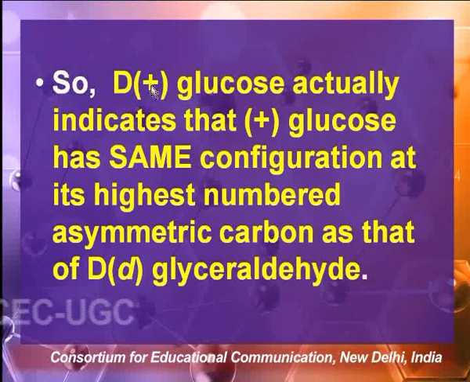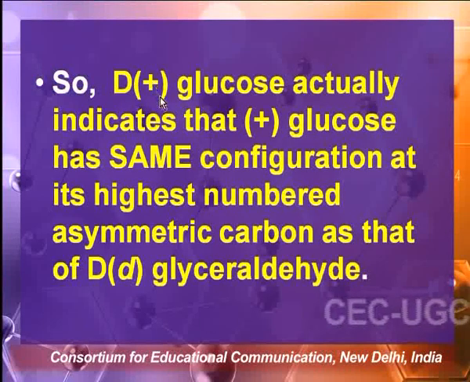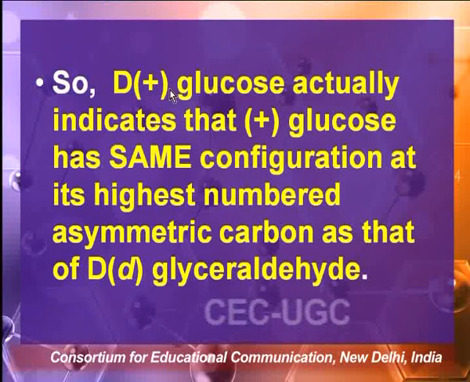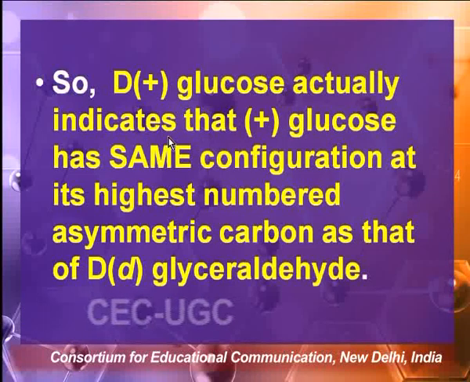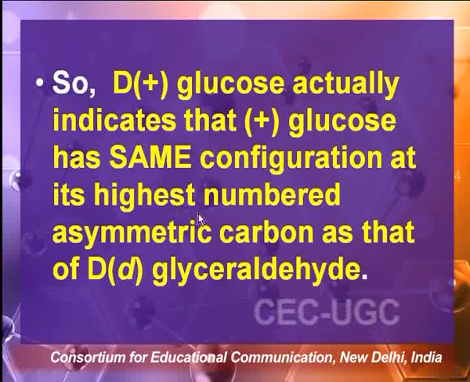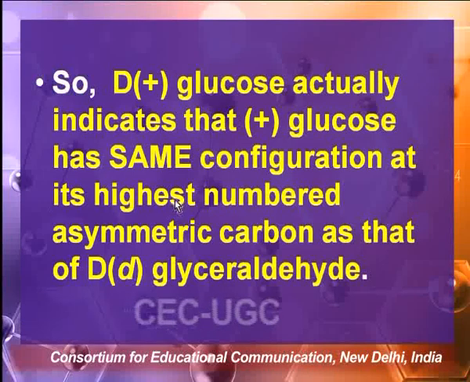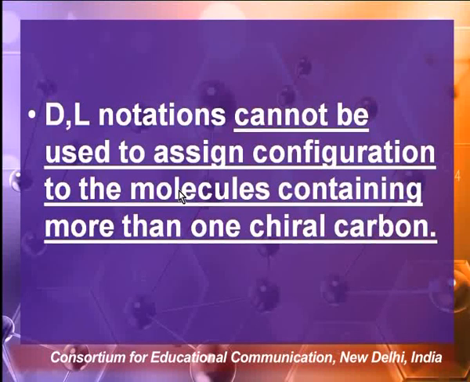So that means when we are talking of D, the D is indicating the relative configuration and plus is indicating that the molecule is optically active. So D-glucose (D plus) indicates that the plus glucose, that is dextrorotatory glucose, has the same configuration at the highest numbered asymmetric carbon as that of D-glyceraldehyde. So it is not referring to the configuration of the molecule at each chiral carbon.